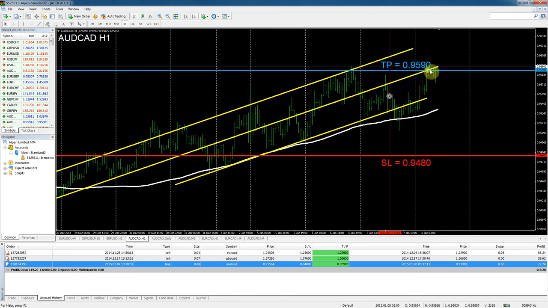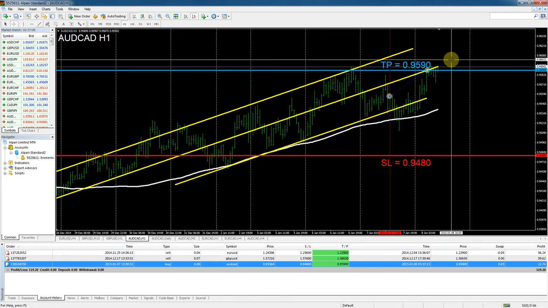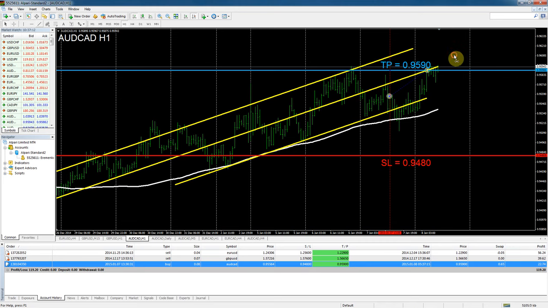So sometimes it is worth being a bit more conservative and setting your take profits below these levels. Rather than just going for big bucks, be more strategic about your trading. So those are the learnings from this particular trade.